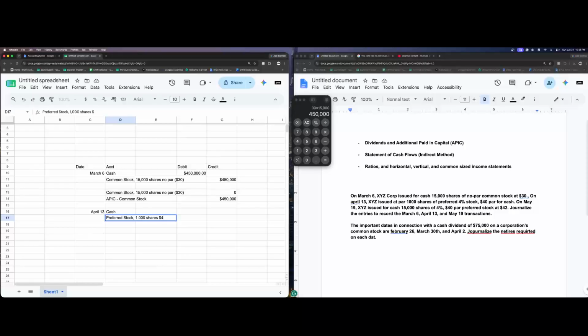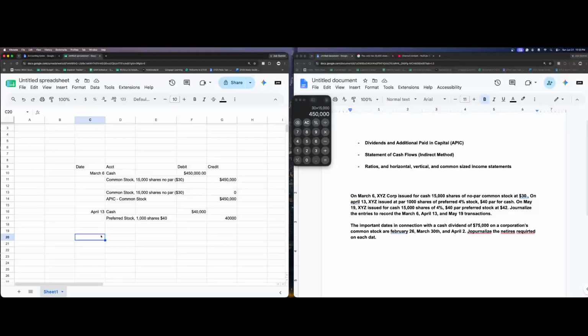So this one's sold for par, pretty much. So they would pay $40,000 in cash and then $40,000 preferred stock. I'm not sure if it's preferred stock.